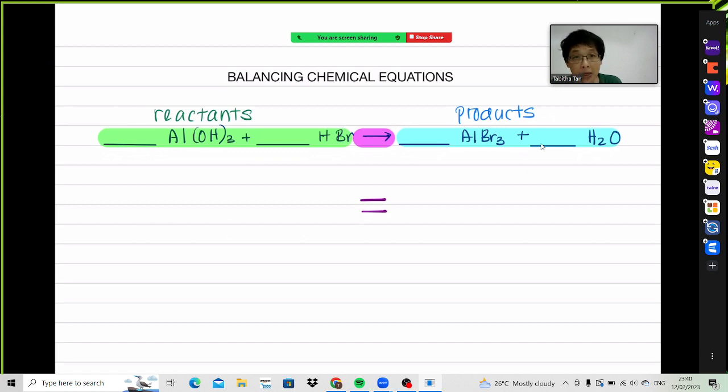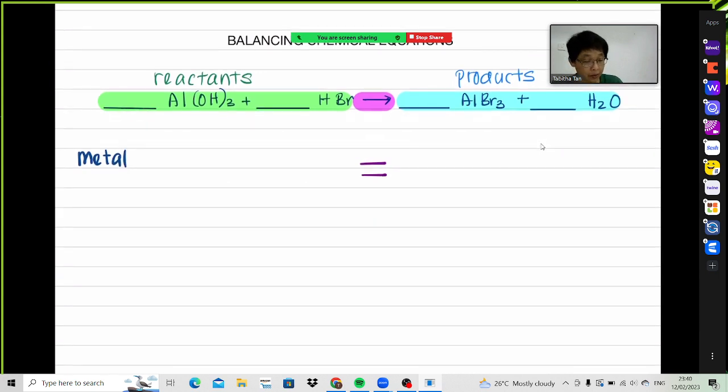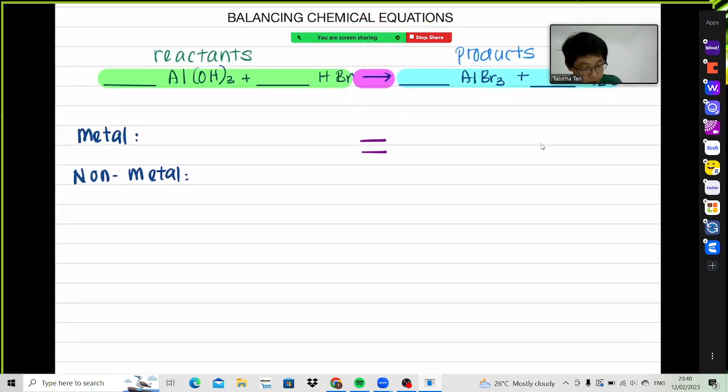It is recommended that we list down metal first, anything that we have as metals in the reaction, and then it is followed by non-metal. Again, let me mention this is recommended, all right? And then it is followed by hydrogen, and usually we will end with oxygen.